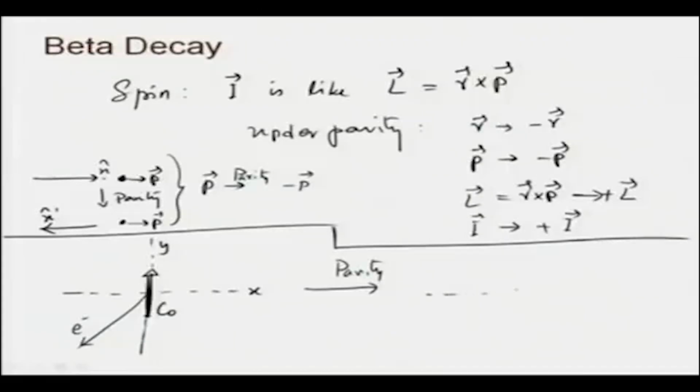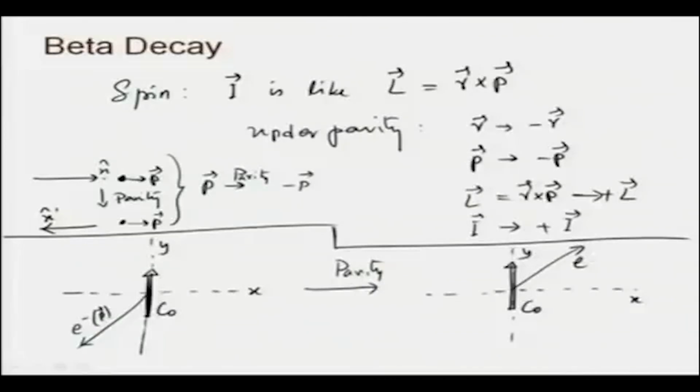So, under parity we will have x and y inverted, or effectively, in an active picture, we will consider the parity acting on the vectors themselves. So, the cobalt spin remains the same in the same y direction, but the electron has a momentum p, and the momentum is reversed, which means that the direction of emission of the electron is reversed, which is the direction that falls in the first quadrant.